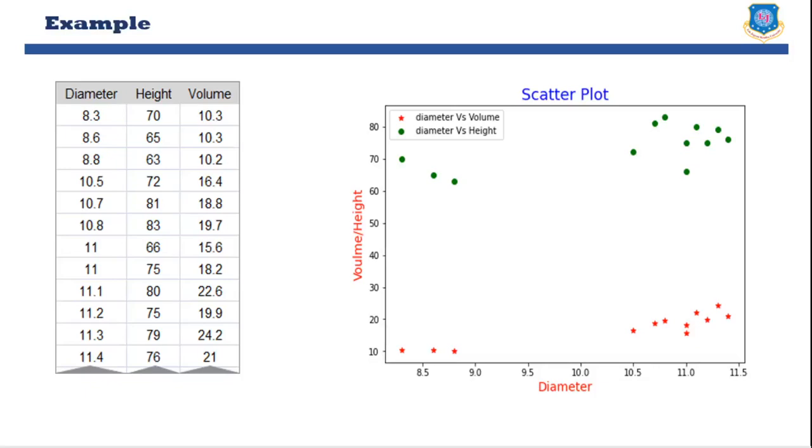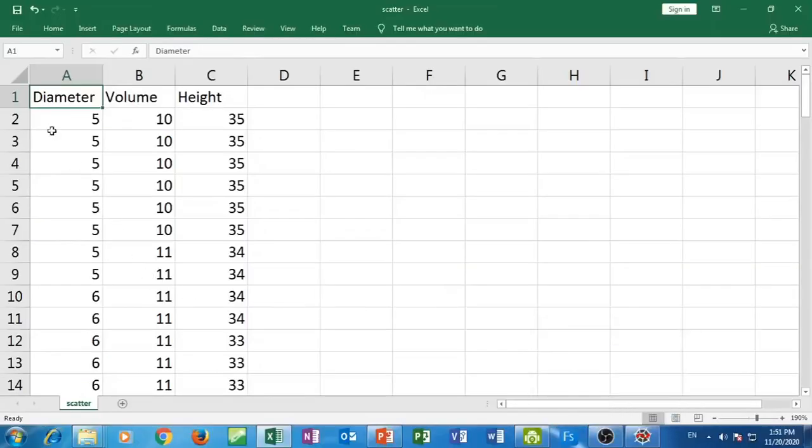With the help of the data set, now I can develop one program in Python to show how to construct a scatter plot. You can see that this is a CSV file. In this CSV file there are three columns. First is a diameter, second is a volume, and third is a height. I want to show a positive correlation between diameter and volume and a negative correlation between diameter and height.